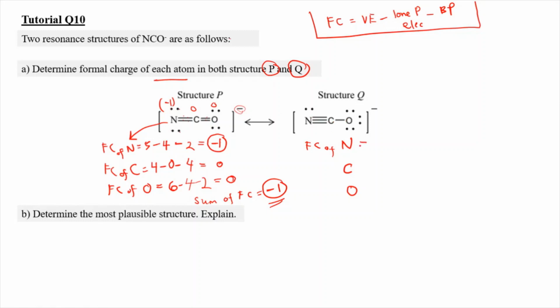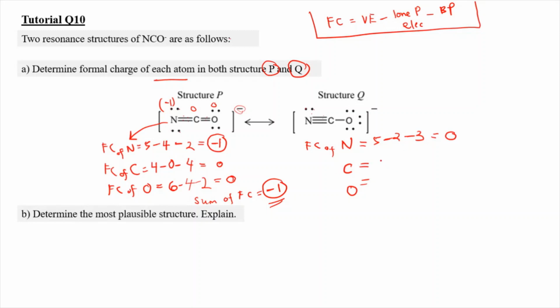So we need to find the formal charge first in order to determine which of the following is the most plausible. So for the nitrogen, we have 5 valence electron minus 1, 2 lone pair electron minus 1, 2, 3 bonding pair. So we're going to get 0 here.